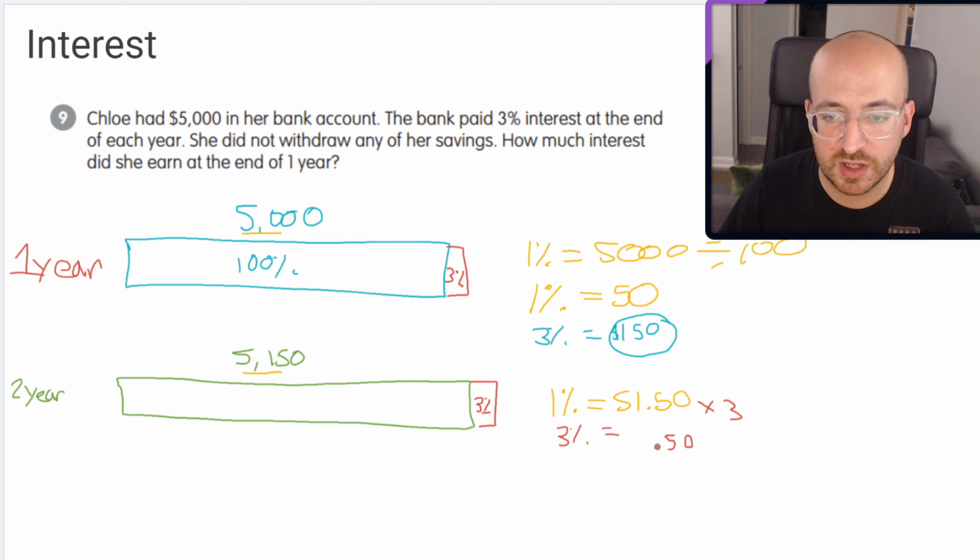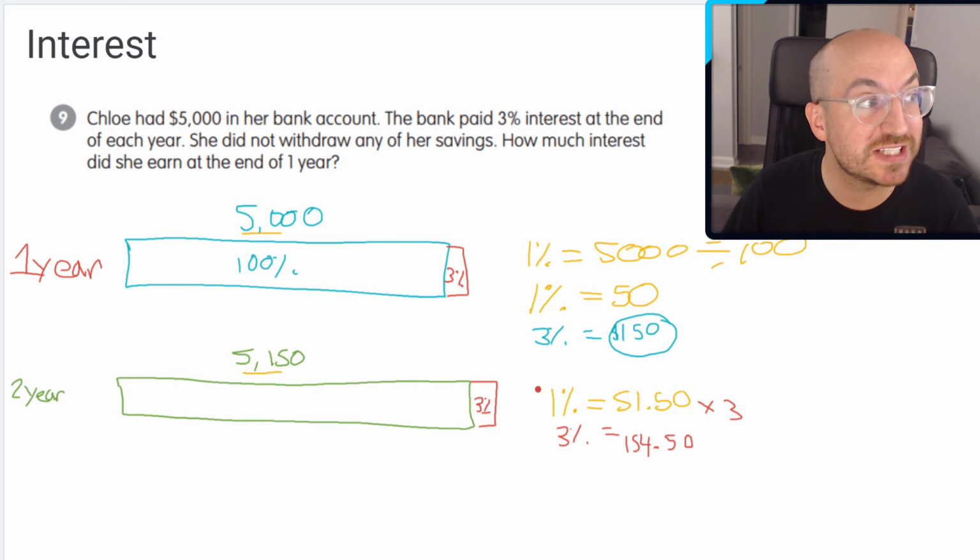Okay, makes an extra $1.50. So $154. Oh, she just made $4.50 extra for doing nothing, just keeping it in there.